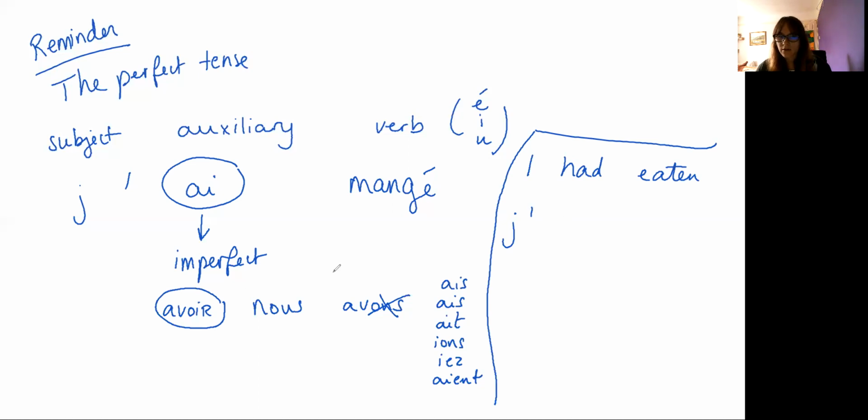Here, dropping the ONS, adding the AIS. J'avais, I had, j'avais mangé. There we are, pluperfect sorted. J'avais mangé, right? Using the auxiliary in the imperfect. And that is basically it.